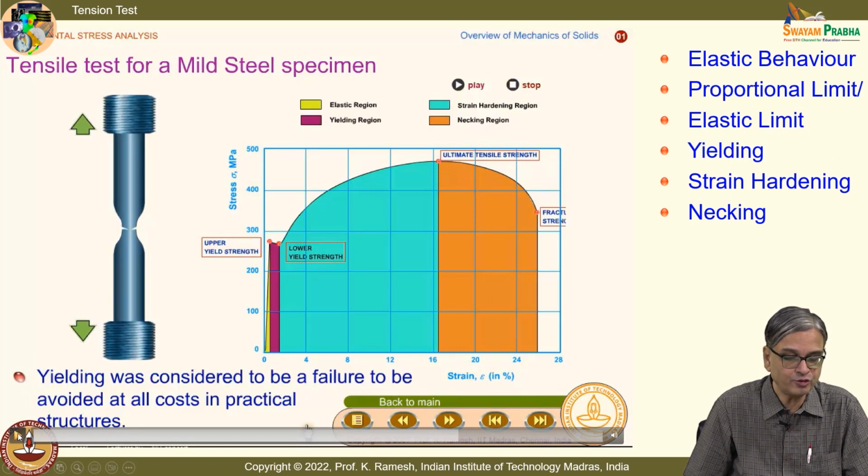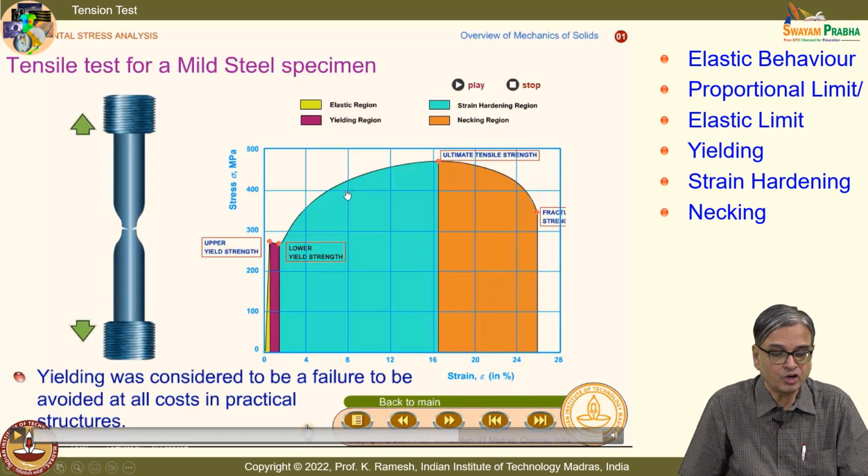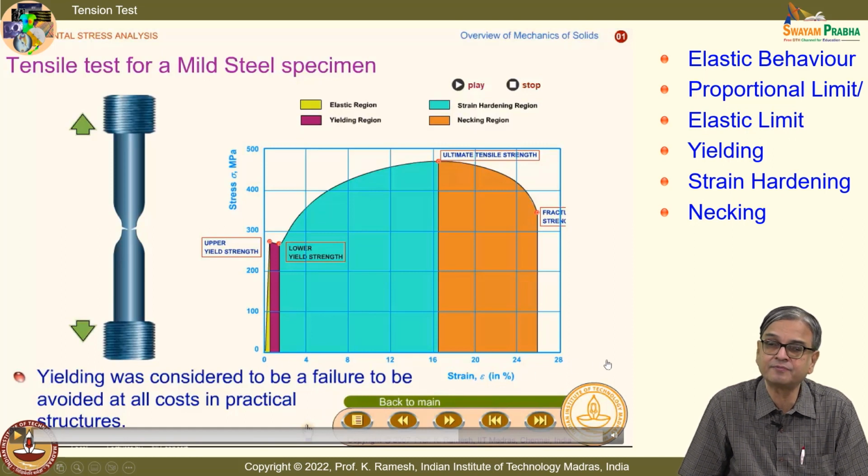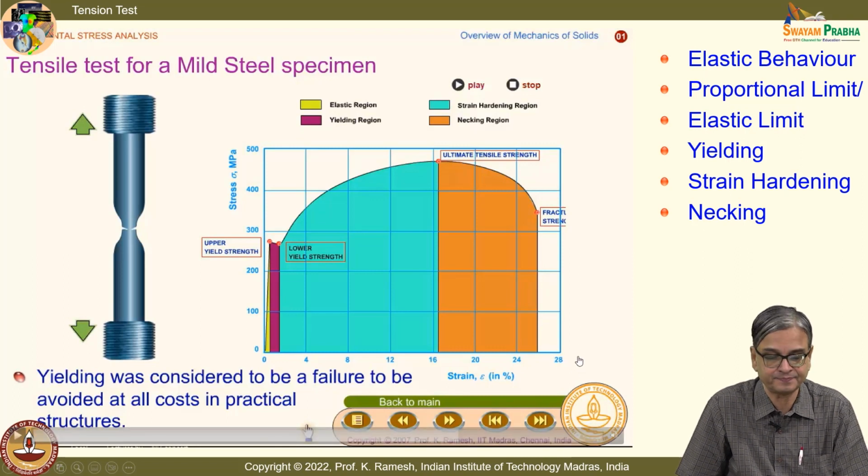And I would like you to draw this graph and demarcate these regions, and also put what is the strain measure which is put in the horizontal axis. So we are talking about 26% of strain the fracture has occurred, and this is a mild steel specimen.